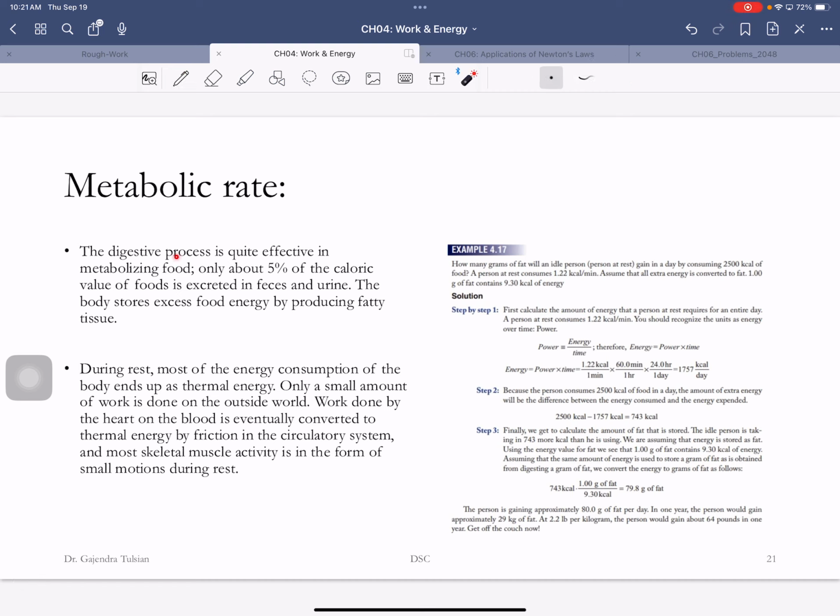The digestive process is quite effective in metabolizing food. Only about 5% of the caloric value of food is excreted in feces and urine.